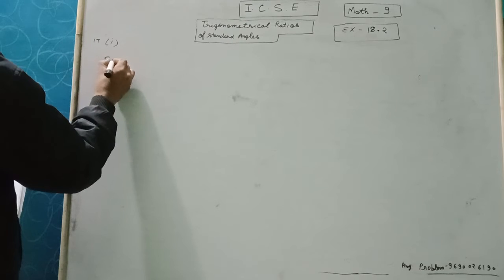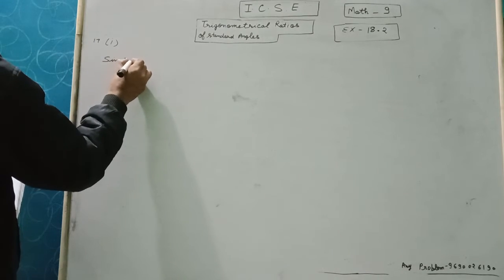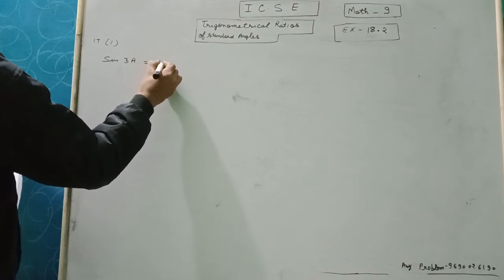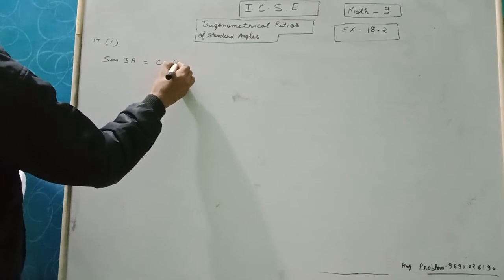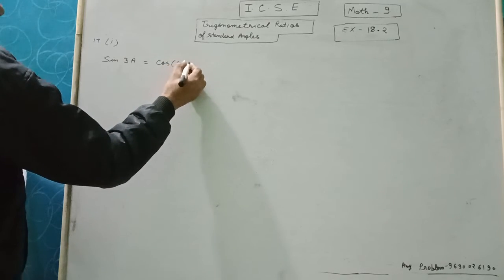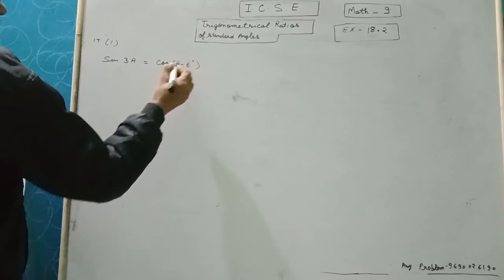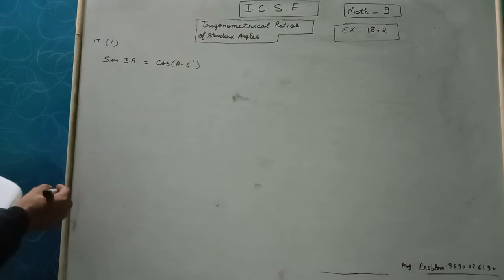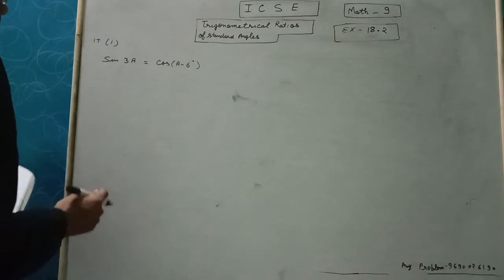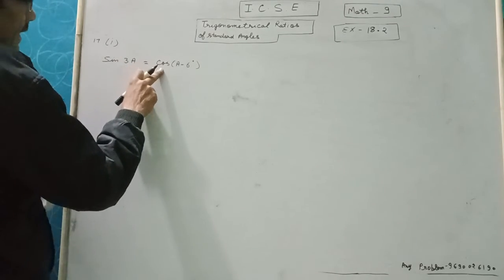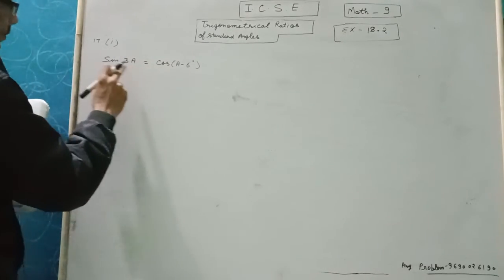Sin 3a is equal to cos(a minus 6), where 3a and a minus 6 are acute angles. Left hand side is sin, right hand side is cos.